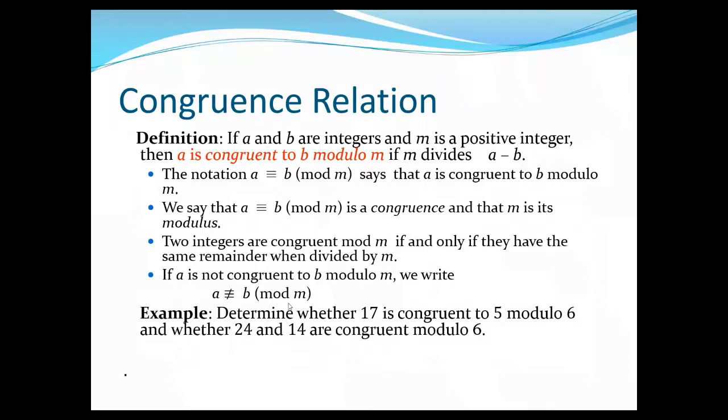So when we subtract b from a and divide the result by m, it didn't yield an integer, so there's no congruence relation. Okay, let's have an example. Determine whether 17 is congruent to 5 modulo 6 and whether 24 and 14 are congruent modulo 6.